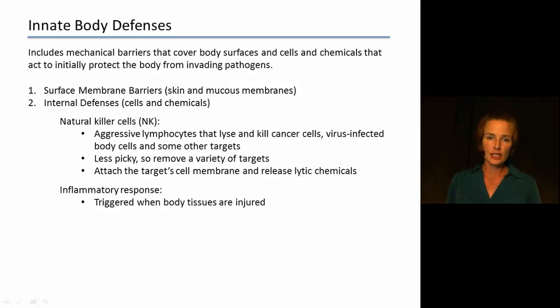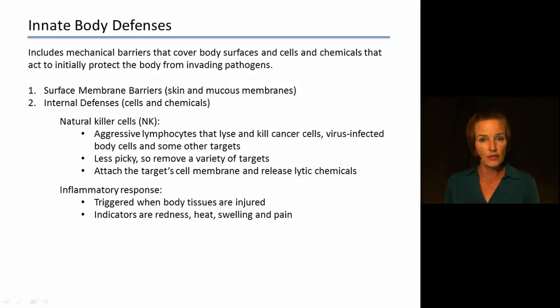It is triggered whenever body tissues are injured. When those body tissues are injured, there are certain indicators, and these include redness, heat, swelling, and also pain, and that will help the body detect that there has been some type of injury to the body tissues.